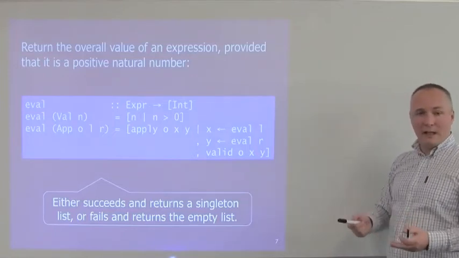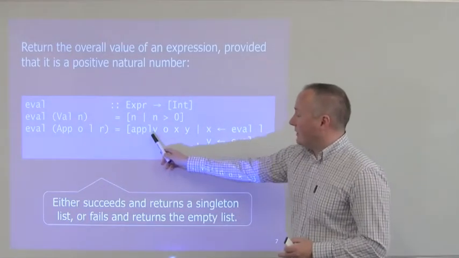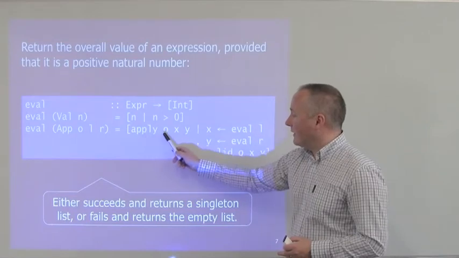Because that may fail, it may be negative or 0 for example. And if all of these things succeed, you actually perform the application of the operator to the two numbers.